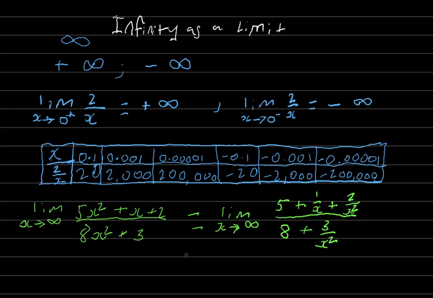Now if we do this, we'll be left with 5 plus, as x tends to infinity, as x increases, we have 1 over whatever the value will be tending to 0.